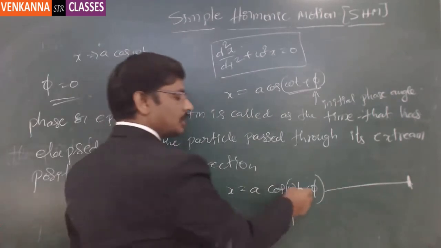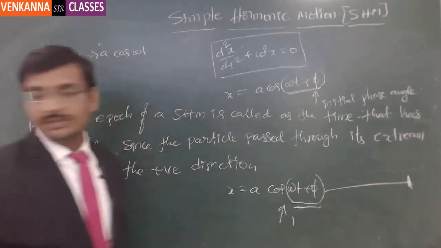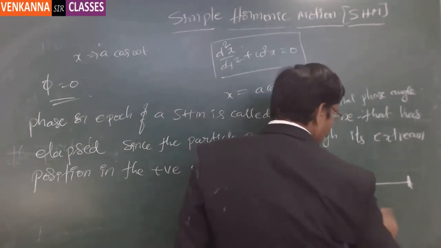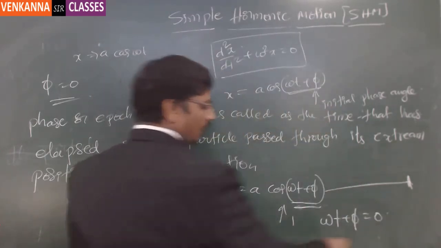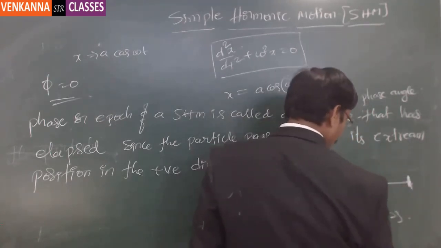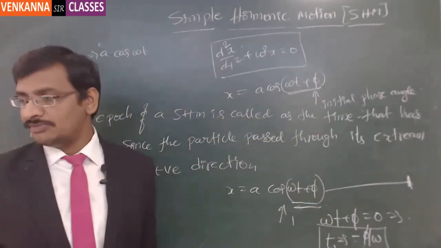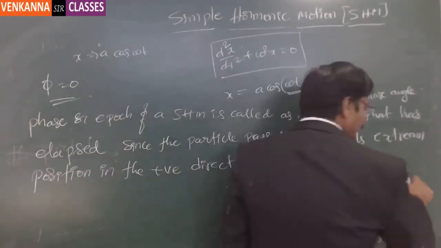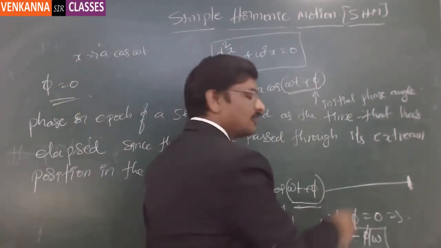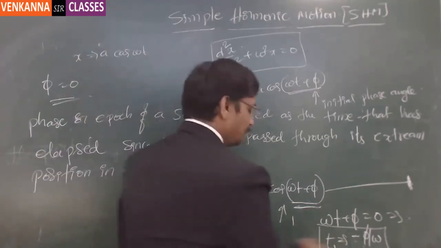This happens only when omega t plus phi equals 0, right? Or t equal to minus phi by omega is the initial time for the first time when it reaches the maximum value. From there you start counting the phase angle. So the first time it reaches the maximum value is at t1 equal to minus phi by omega, which we call the phase time. So this is the phase time.